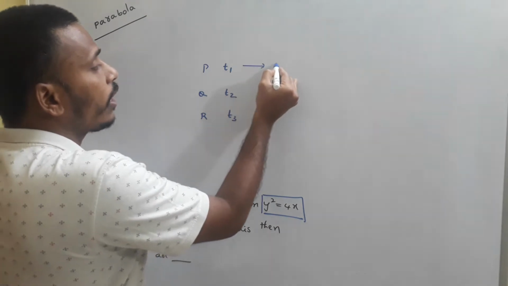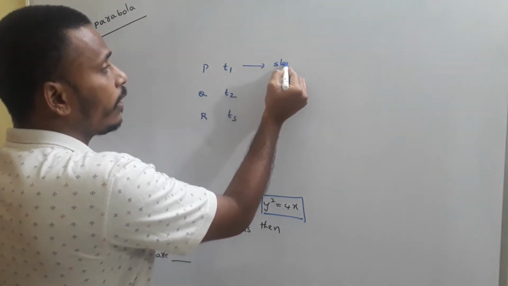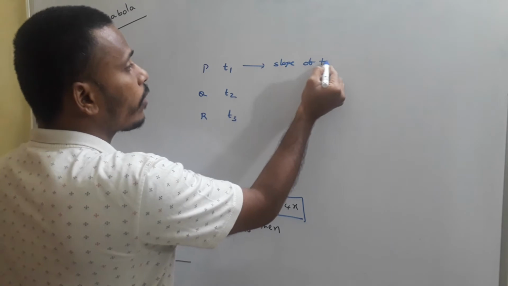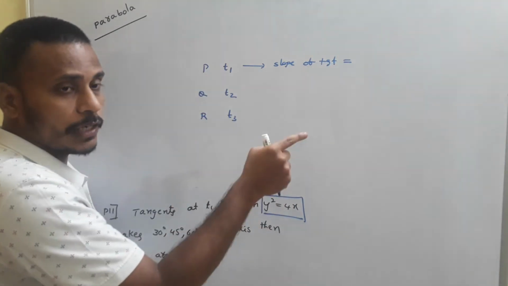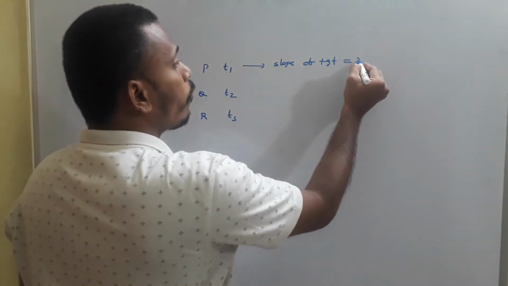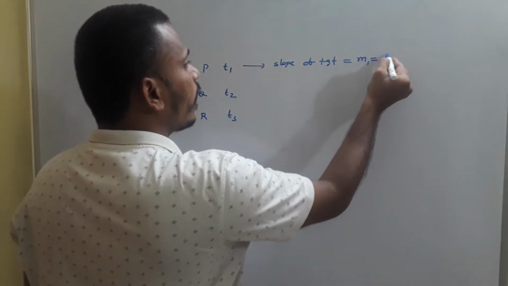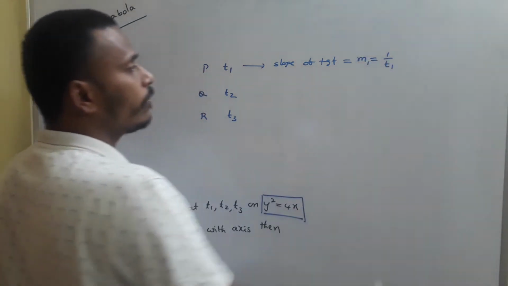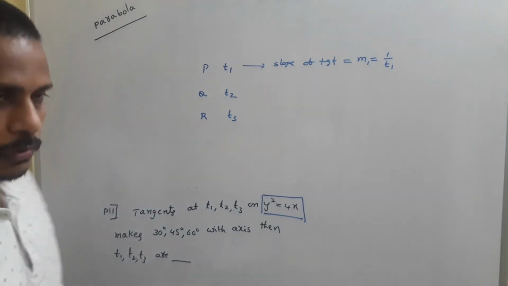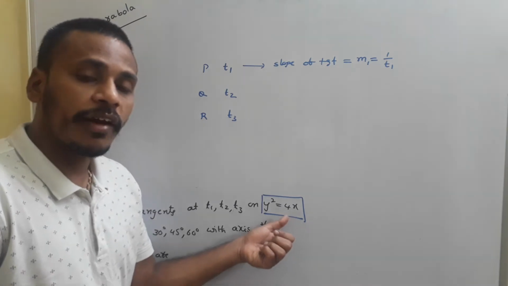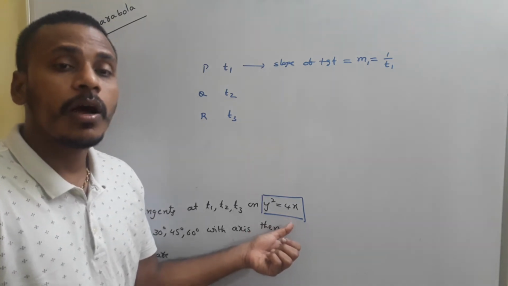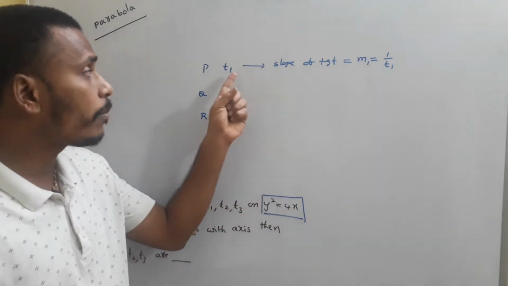Okay, what I need is at a point P whose coordinates are AT1 square comma 2AT1, at this point if we sketch a tangent, then what to say about the slope of the tangent? At T1, if you sketch a tangent, then the slope of that tangent, you say m1, and that m1 is nothing but 1 by T1. Already we learned it in the synopsis. Or otherwise you just differentiate, find dy by dx, and then calculate the slope of the tangent at the point.